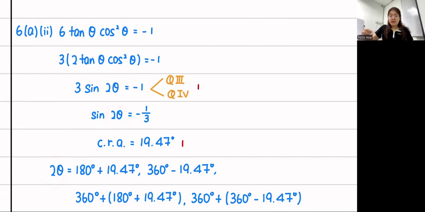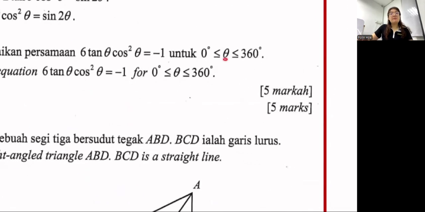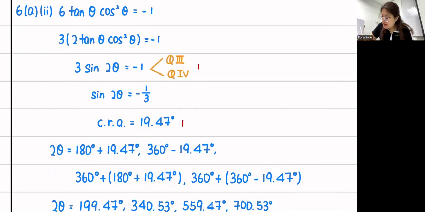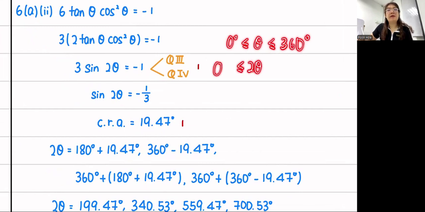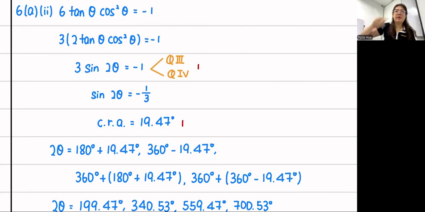Be careful. The question says the theta is between 0 and 360 degrees. So this is 2 theta, between 0 and 360 degrees. When I multiply by 2, 2 theta, 0 multiplied by 2 is still 0. 360 multiplied by 2 is 720, which means there is one more round.